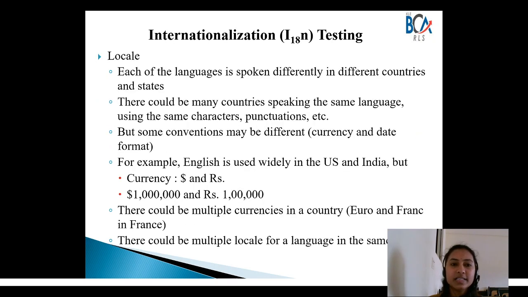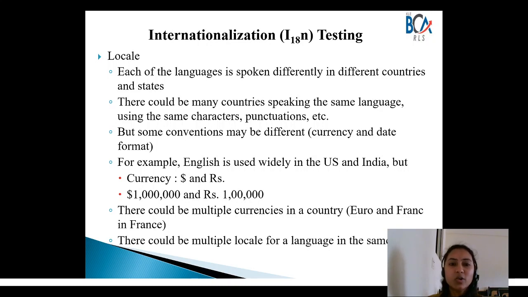Now let us see what a locale actually is. Each language is spoken differently in different countries and states, right? Let us consider our Karnataka itself. In Karnataka, so many different sub-languages are there, and even Kannada itself is spoken with different slang and also different punctuation.